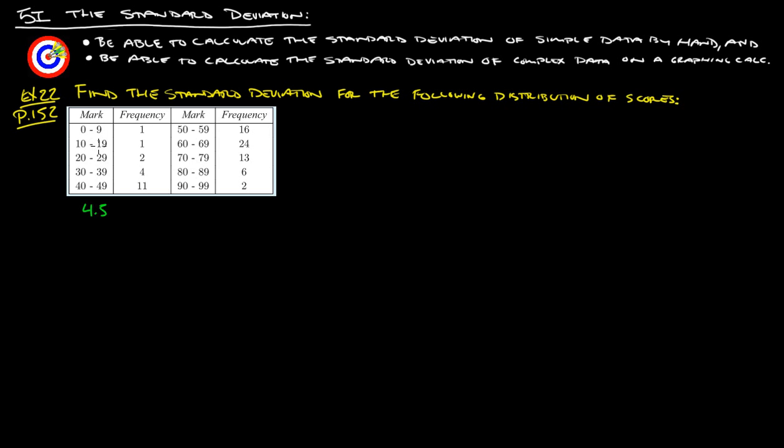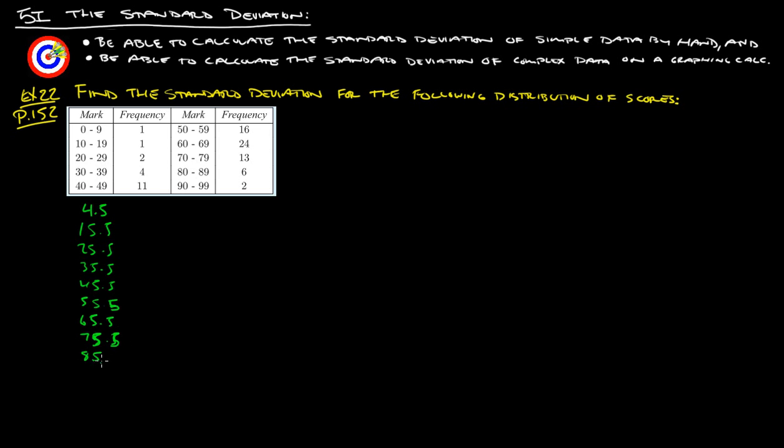Okay, so this is going to turn into 4.5. That's going to be what, 15.5. 15.5, and then we have 25.5, 35.5, 45.5, 55.5, 65.5, 75.5, 85.5 and 95.5.